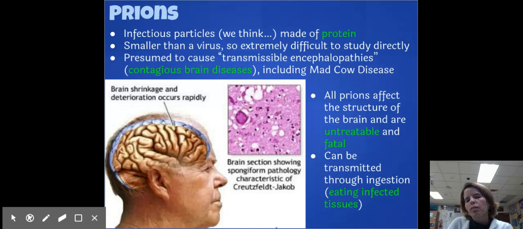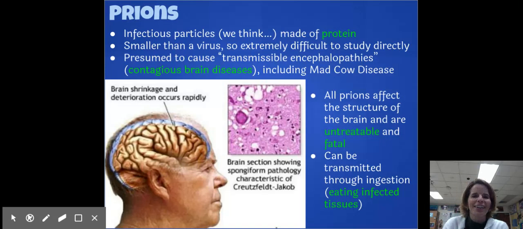And what is particularly scary about prions is that they can be transmitted through ingestion. In other words, you can eat infected tissues. So mad cow was such a scary thing because it had to do with beef. Animals that were infected, we were concerned, and it appears to have happened, that people who ate the infected beef then developed a related disease in humans.